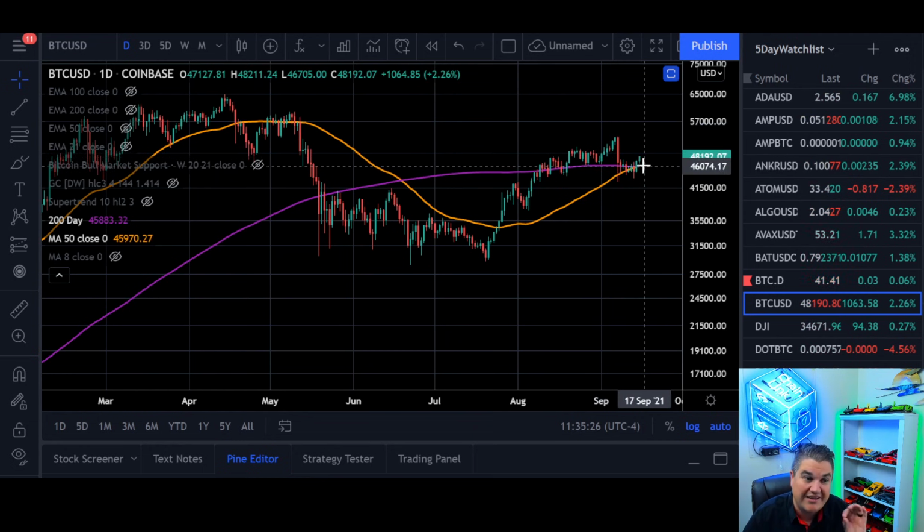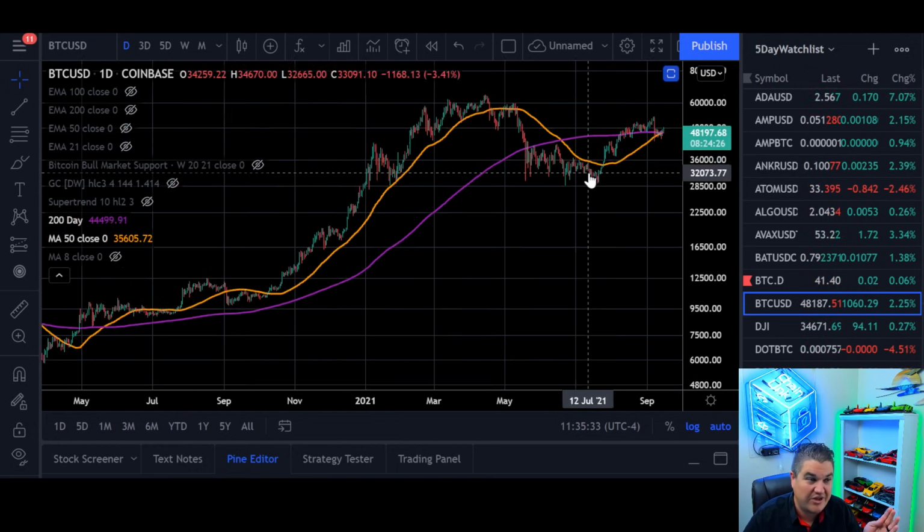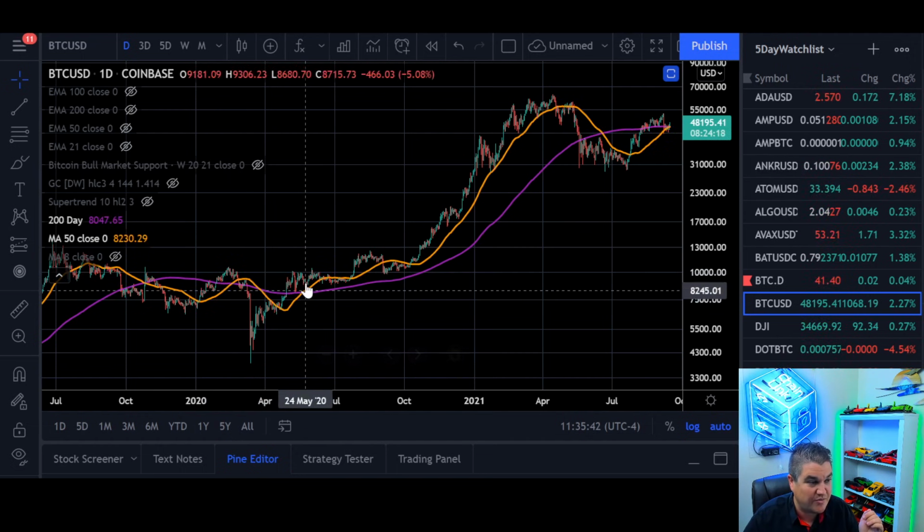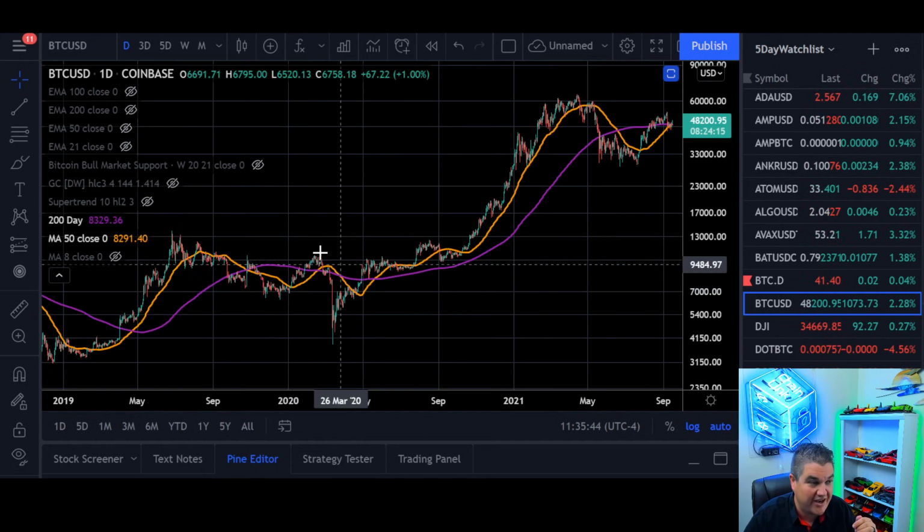Things could get going, but you've got to remember that over the next week or so, we could still have rough waters. Historically speaking, the past several times we've had a golden cross right here, price action goes down the next several days. Next golden cross right here, price action goes down the next several days. And what else do you see here? You can have fake outs, right?